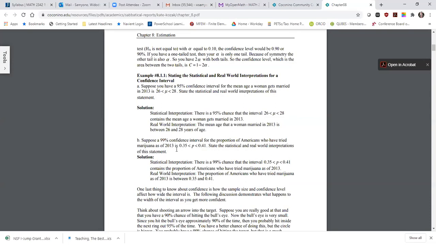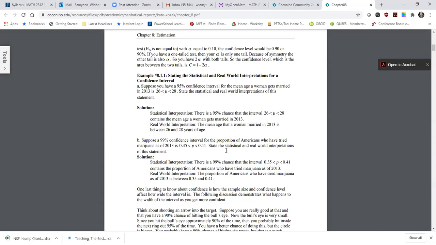The second example is talking about the proportion. Suppose you have a 99% confidence interval for the proportion of Americans who have tried marijuana as of 2013, which is 0.35 up to 0.41, or 35% and 41%.